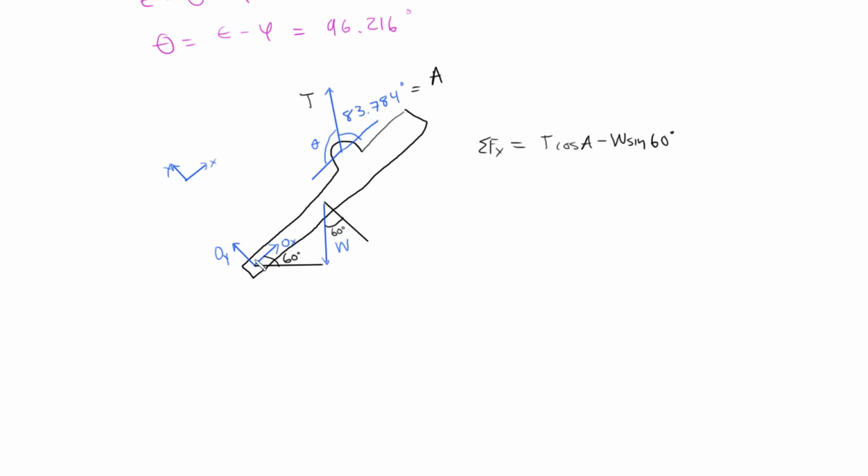And then there'll be a reaction force in the positive x direction, so it'll be Ox, which equals 0. The sum of the forces in the y direction will be T sine A minus W cosine 60, and then minus Oy, which equals 0. And then we could solve for the moment about O.